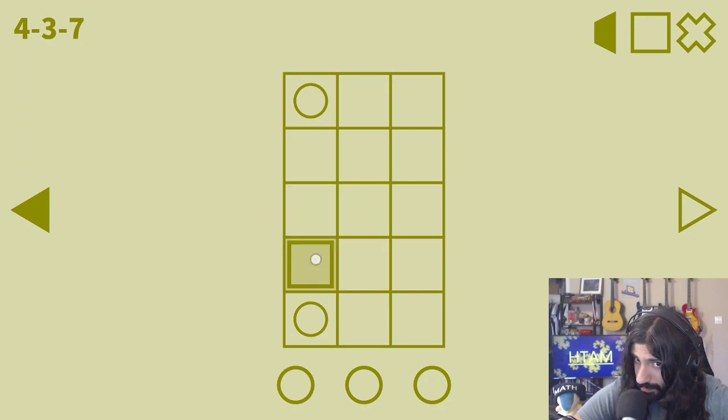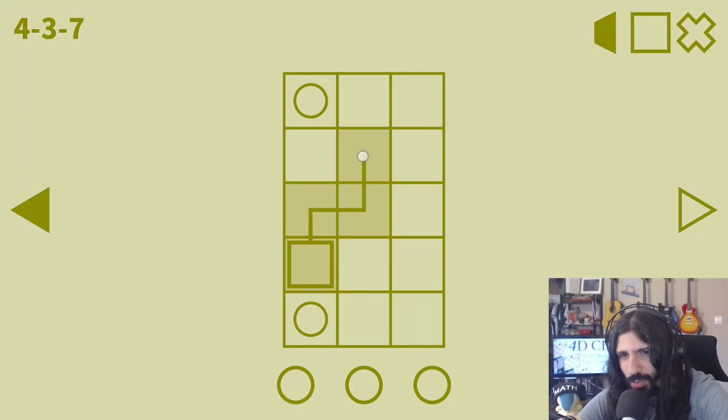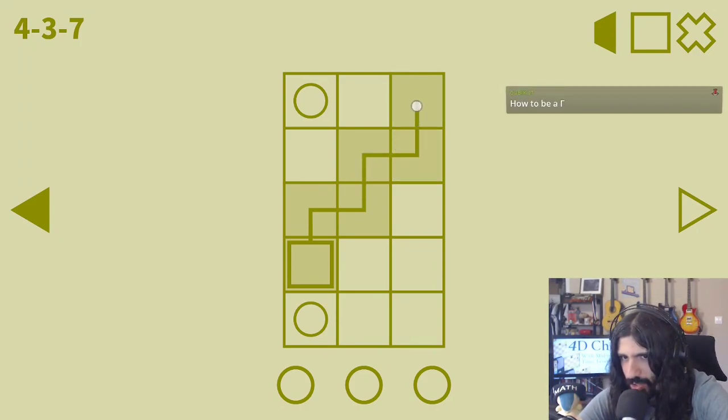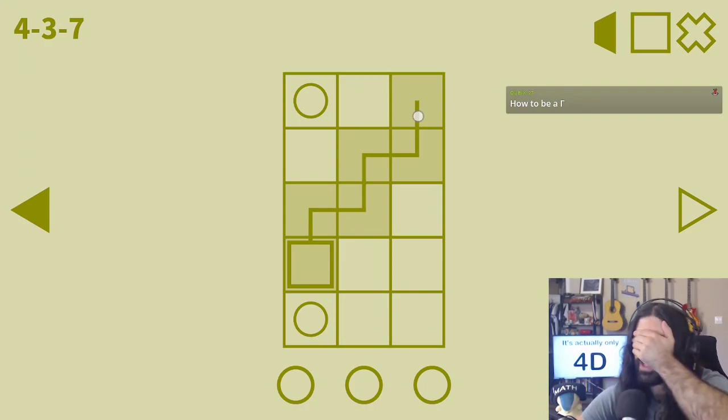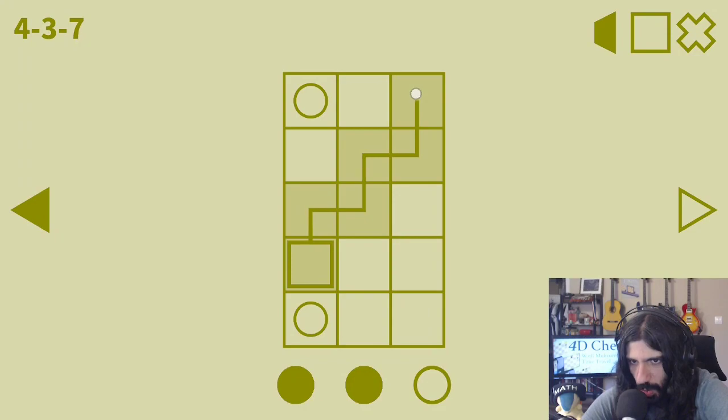Hold on. What if we start here? No, yeah, because when you go into one of these corners, you have to be able to come back out, right? So given that if you go into a corner, you have to come back out, and there are like 3 corners. There's this corner, and this corner.